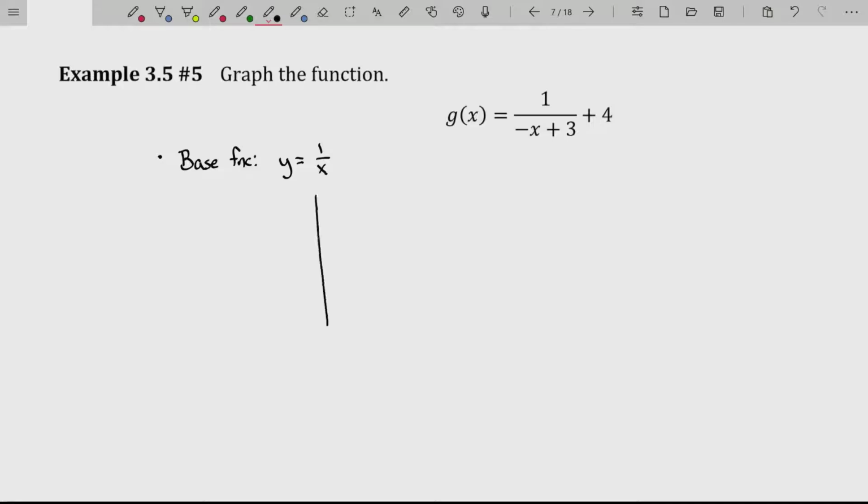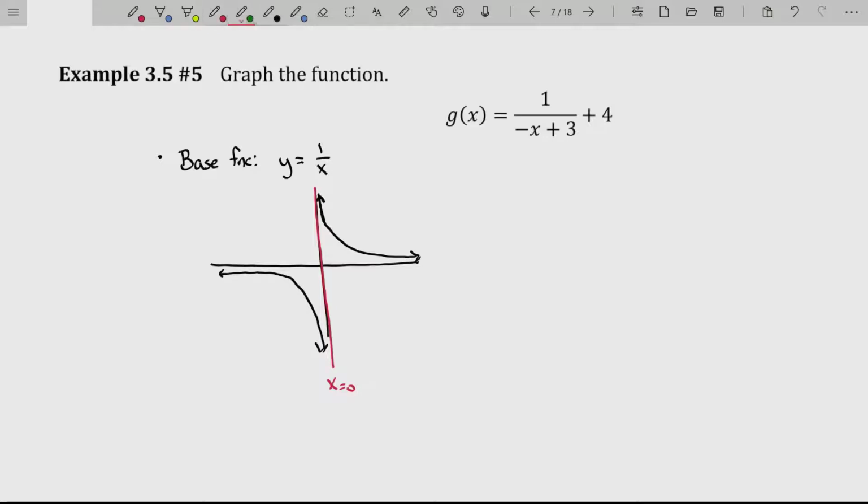And so I'll go ahead and just chicken scratch that out. And I said it a moment ago, but 1 over x and 1 over x squared are the two base graphs that do not go through 0, 0. In fact, they both have vertical asymptotes at 0 and horizontal asymptotes.